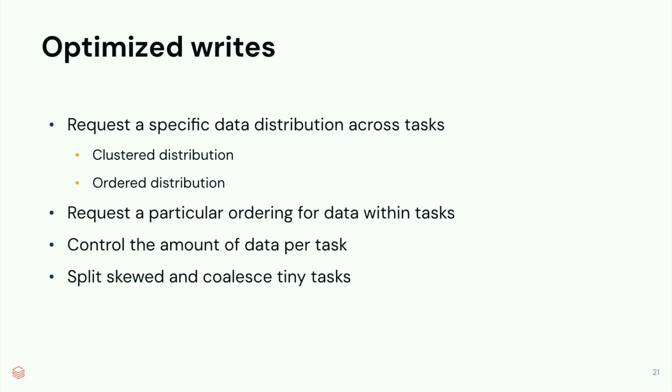Today, it's the connector responsibility that has a little bit more information, and users are no longer required to do that themselves. Spark would also, once it knows the target task size, try to split whatever is skewed and then coalesce the tiny tasks to try to meet the target task size that the connector provided.